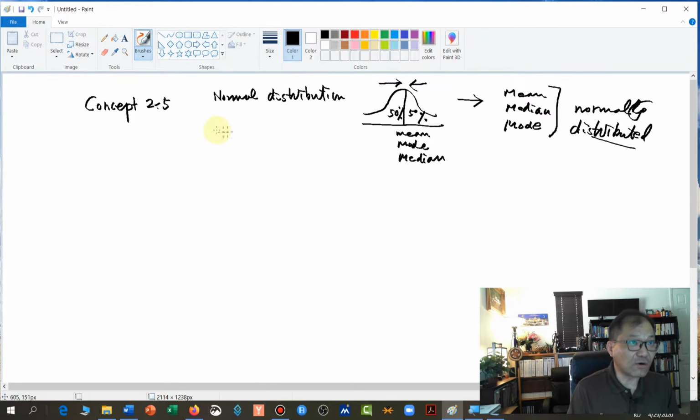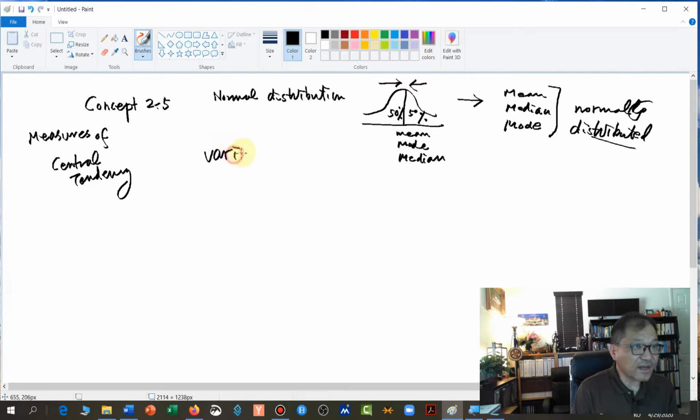That is called measures of central tendency, measures of variability.